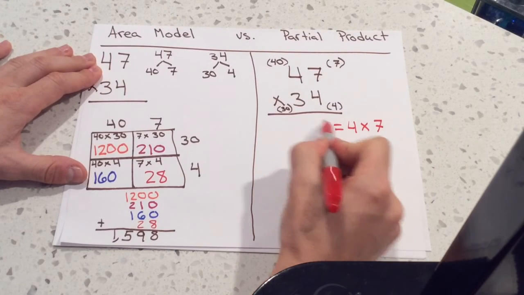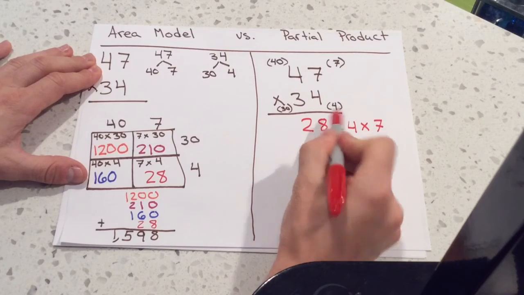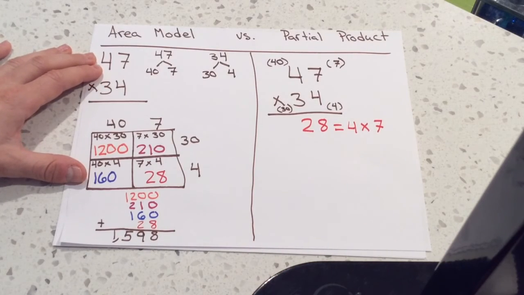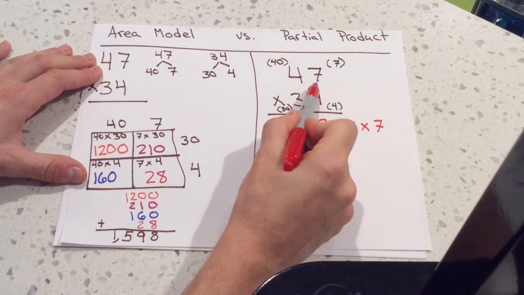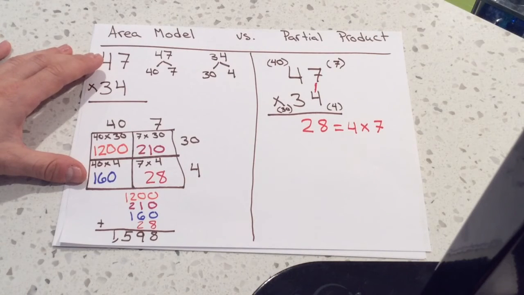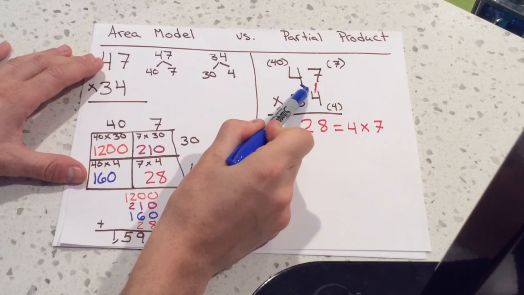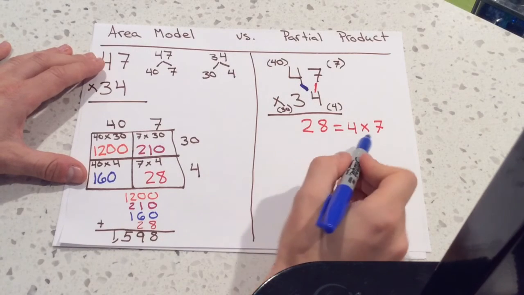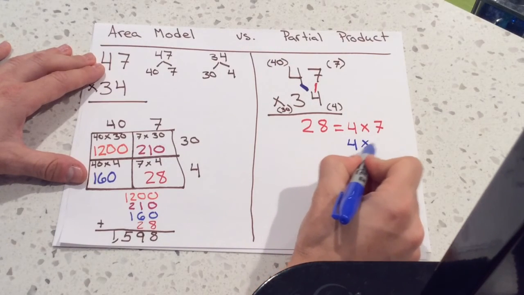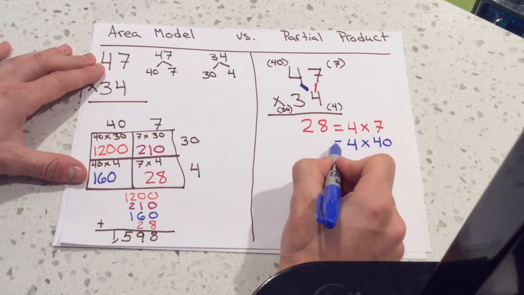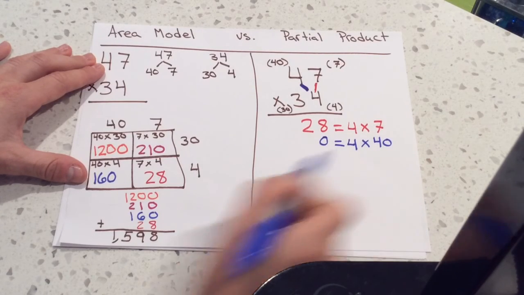So I have 4 times 7 is 28. That would be these two numbers. Then I want to be looking at 4 times 40. There's my 0.